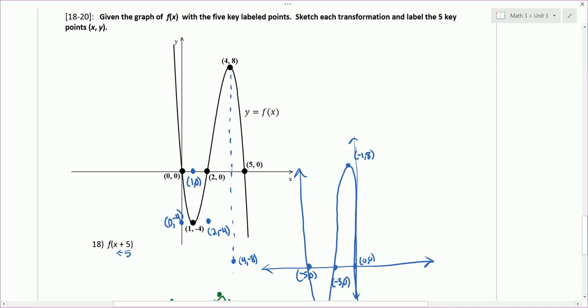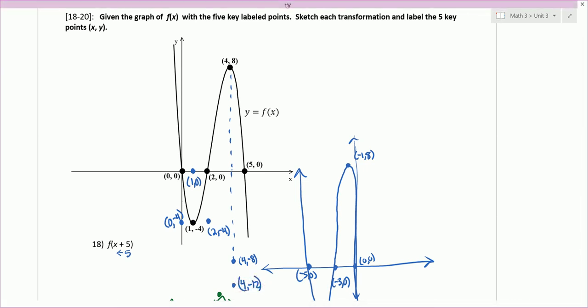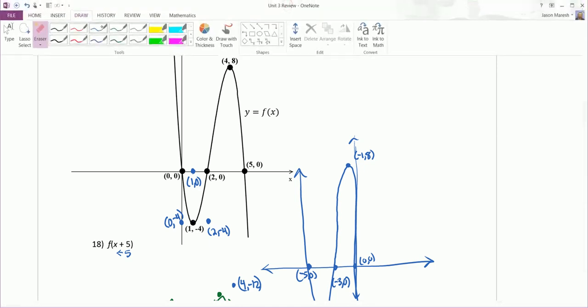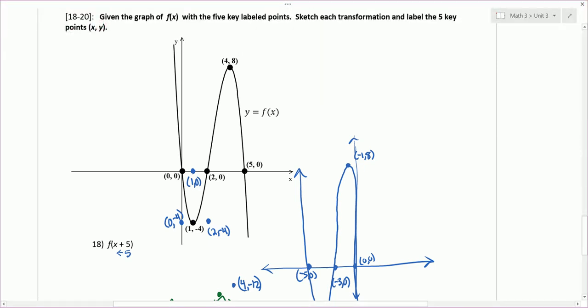And then we want to drop down 4 more, so it's going to be at 4, negative 12. And last one, the 5, 0, when you reflect that across the x-axis, it's still put there, and then you drop it down 4 units to 5, negative 4.